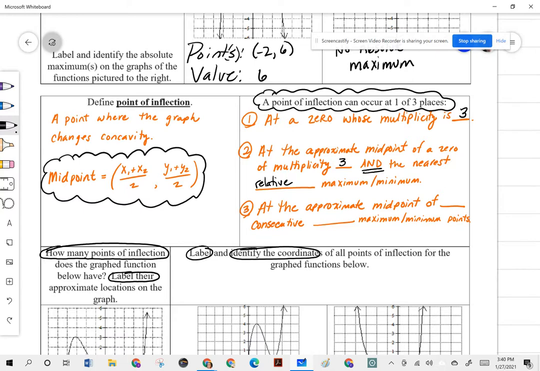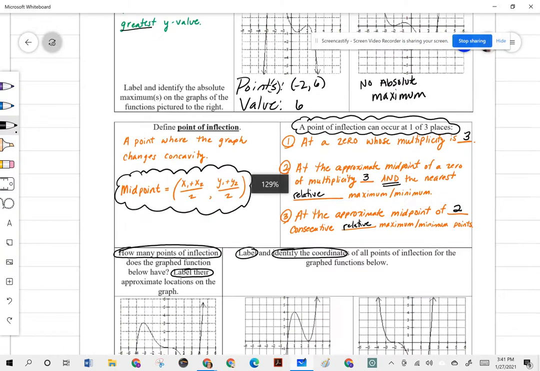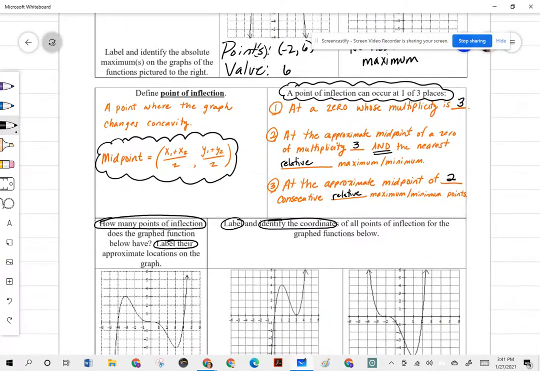Okay, and then we're going to look at examples on that. And then number 3, at the approximate midpoint of 2 consecutive relative max or mins. Okay, and sometimes it doesn't necessarily have to be relative, it can be absolute. But the idea you'll see in just a moment.